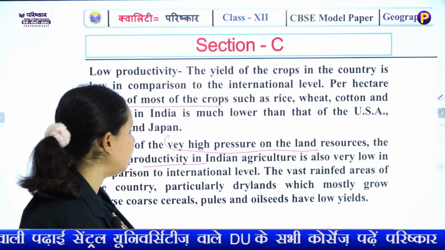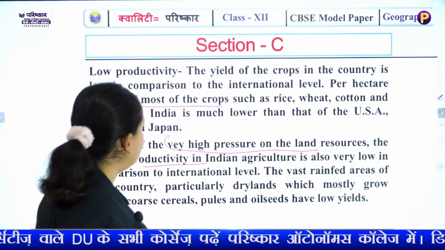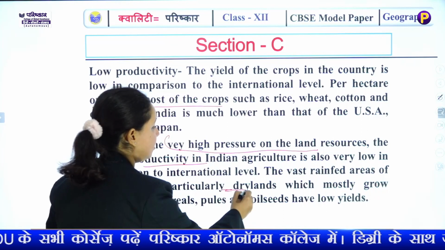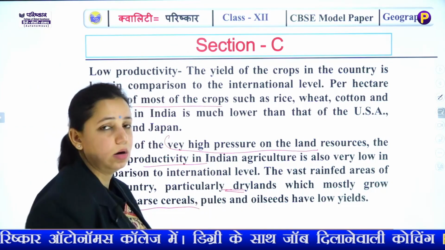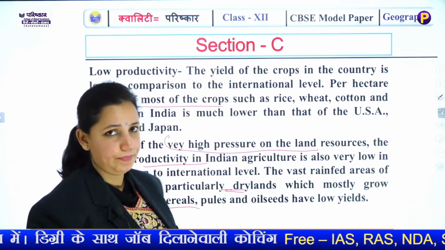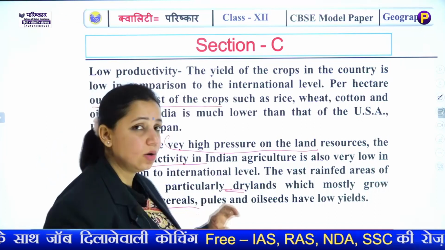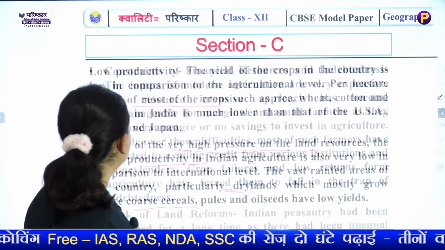So labor productivity is low, and in dry areas, the pressure on land is low, and there mainly coarse cereal crops are grown, which have low yields.